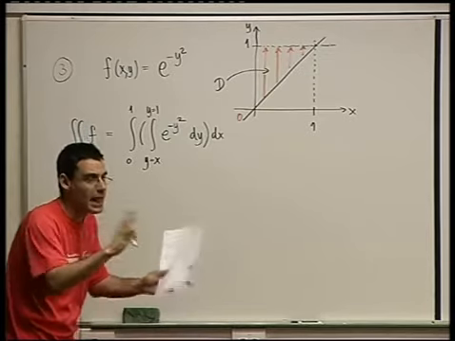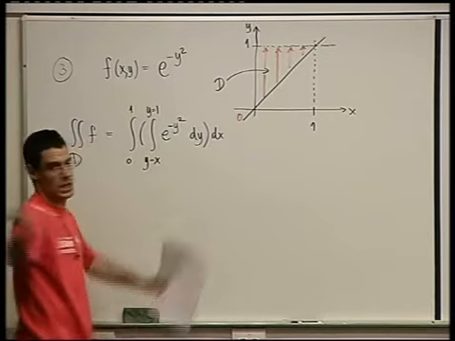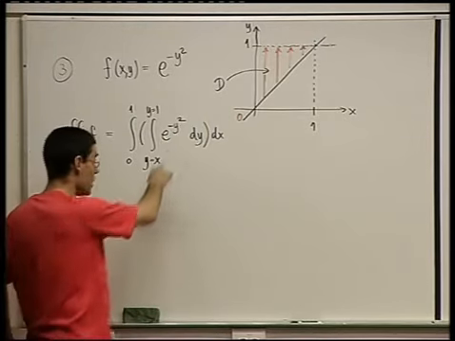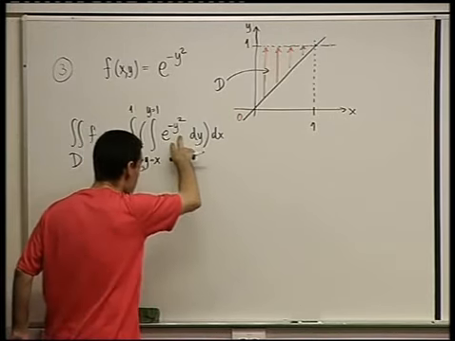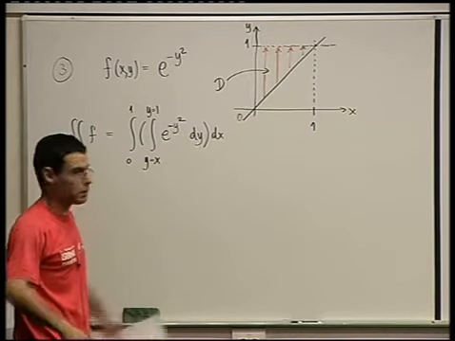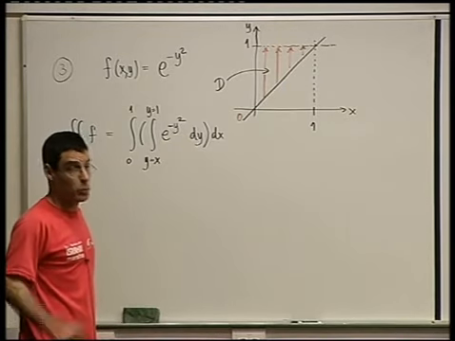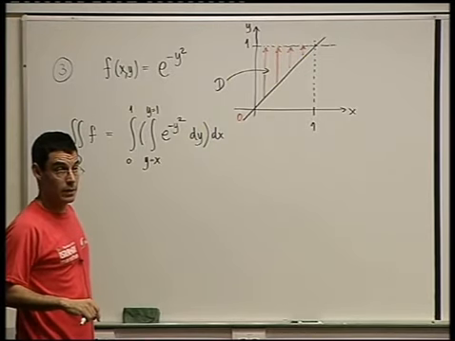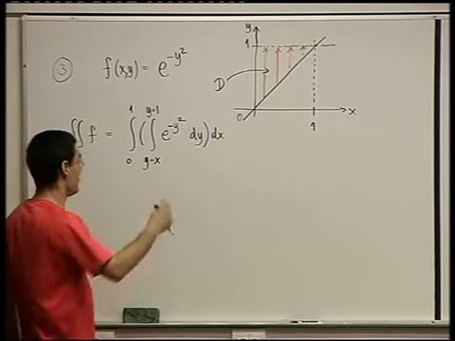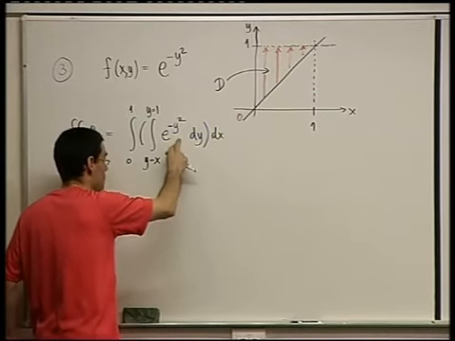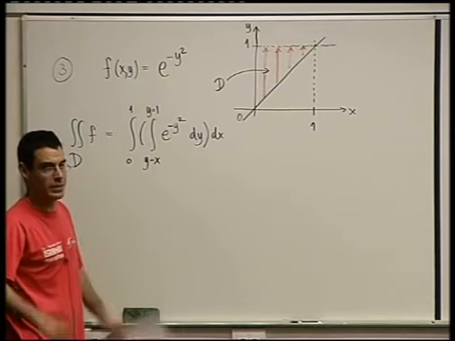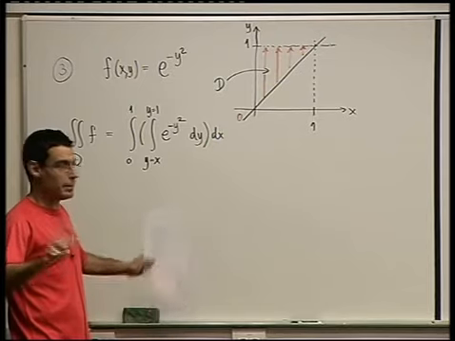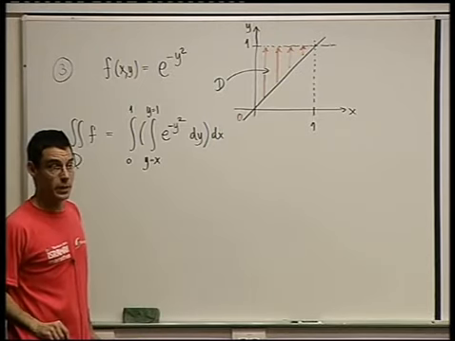There's no elementary expression in terms of exponents and logarithms and trig functions and radicals and whatever. There's no elementary function whose derivative is e to the minus y squared or e to the minus x squared. So we're stuck. We don't know how to calculate this. We can't do Newton-Leibniz, because Newton-Leibniz tells you find the antiderivative, plug in the values. No antiderivative. Fatal error termination. Don't know how to proceed. Clear?